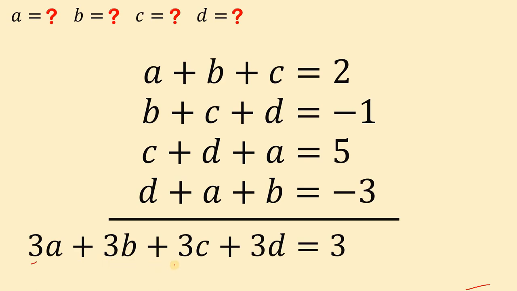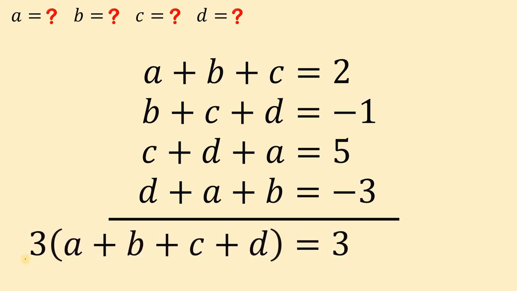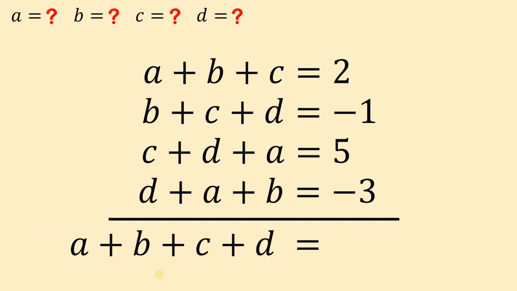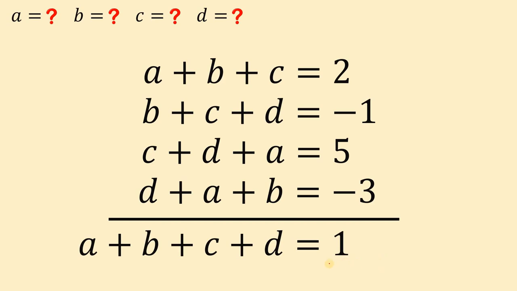Notice that we have a common factor of 3. So why not factor out 3? This looks something like this. So we have 3 multiplied by A plus B plus C plus D equals 3. Now, to solve for the value of A plus B plus C plus D, let's divide both sides by 3. This will give us A plus B plus C plus D equals 1.